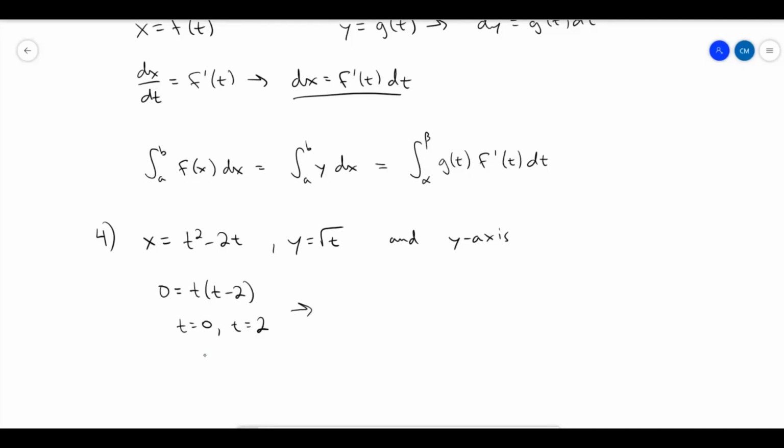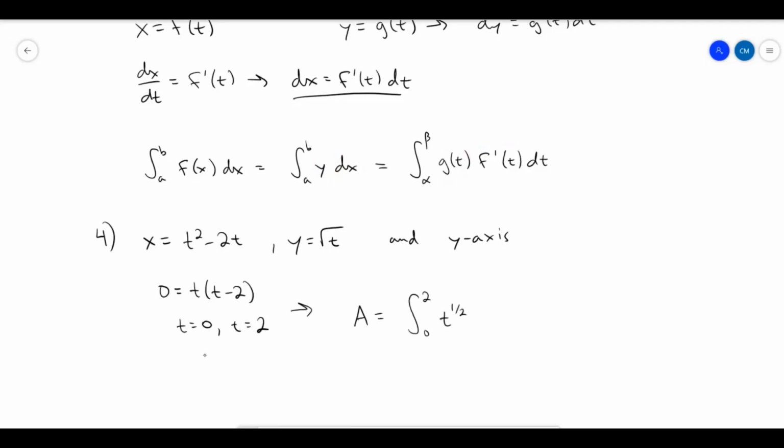Now all that's left to do is plug stuff in. In this formula, remember the y was the g function, and then the dx included this stuff here. So what we want to put first is the y function in the radical. The integral we want to find, the area, is going to be the integral from 0 to 2. Put the y function first, so I'm going to write it as t to the 1/2.